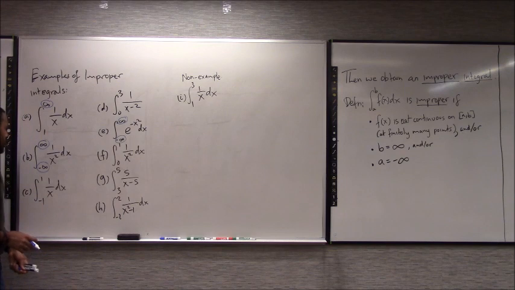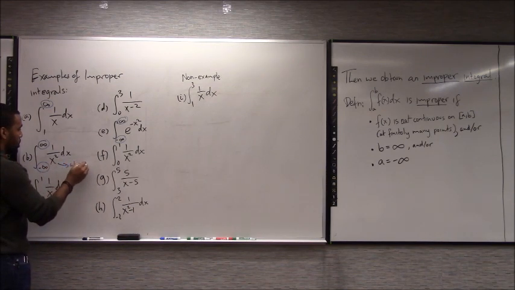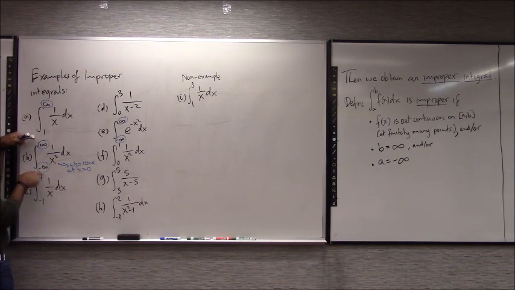Now, moving on to this one, as you mentioned, of course, automatically when there are infinities, it's improper, but this one has an added problem, right? There's also an issue at x equals 0, which is clearly a number between minus infinity and infinity. So not only are these limits an issue, but there's a number in between the limits that's an issue.